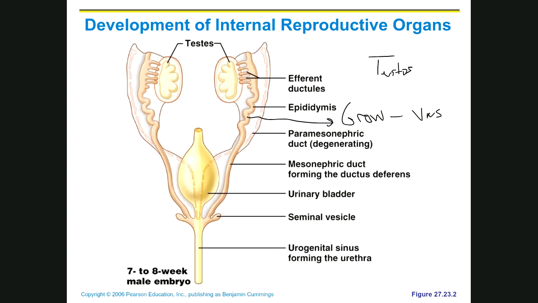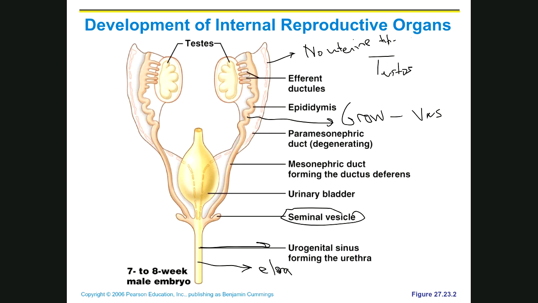This set of tubes is going to degenerate, so there's not going to be a uterine tube because there's nothing for it to grow from. If you look down here, what we're going to get are the seminal vesicles growing from here, and this urethra is going to elongate.